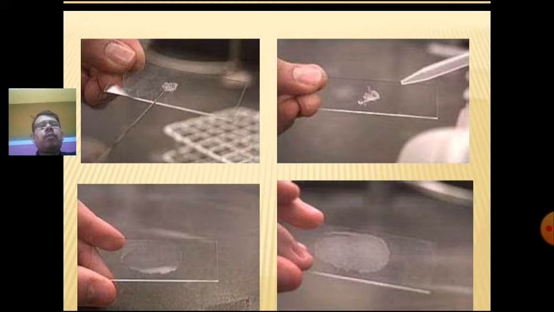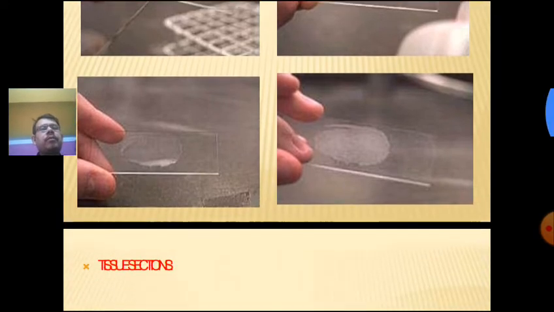Then one loopful of microorganism culture is placed on the slide, and another slide is used to spread it to form a thin film, and it is kept to air dry. After that it is fixed by heating in the Bunsen burner just below the slide, passing it over 2 to 3 times.